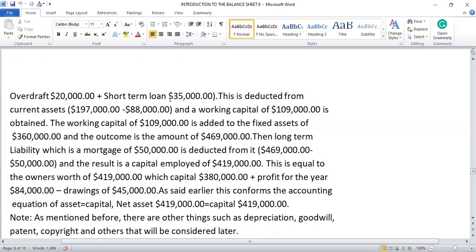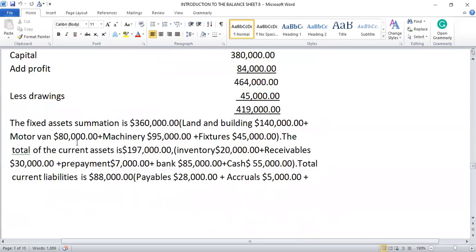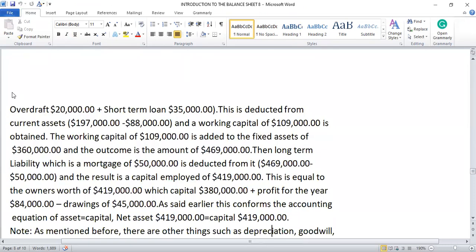So this figure, the total current assets. Total current liabilities is $88,000. This comprises payables, $28,000 plus accruals, $5,000 plus overdraft, $20,000 plus short-term loan, $35,000.